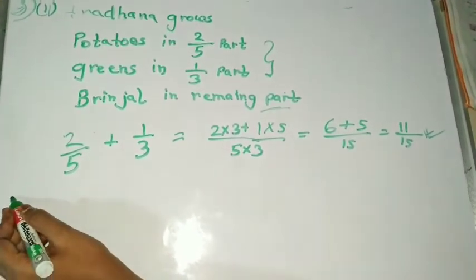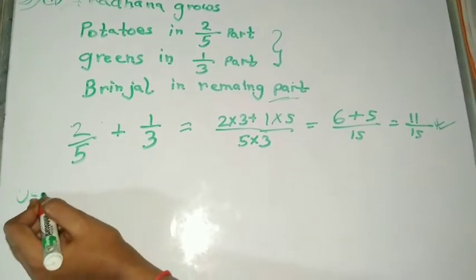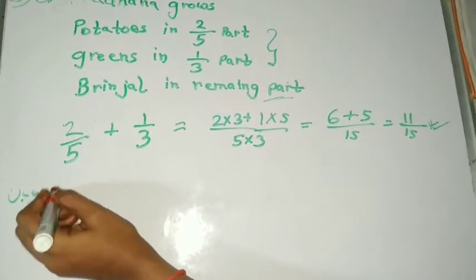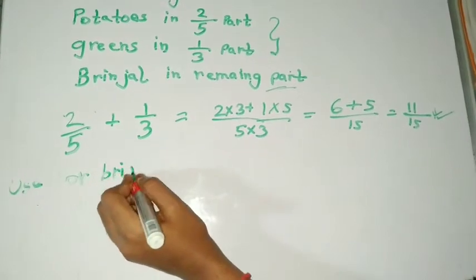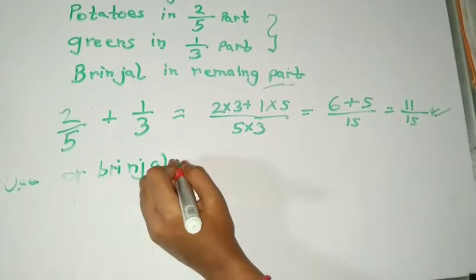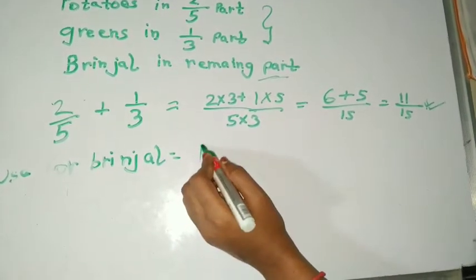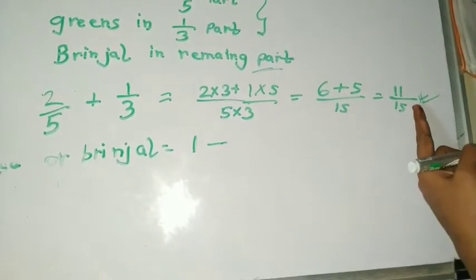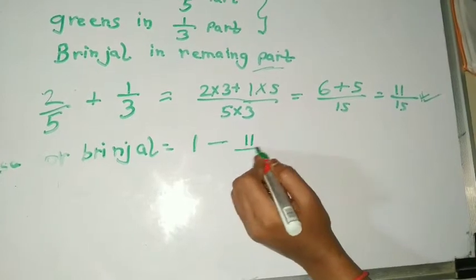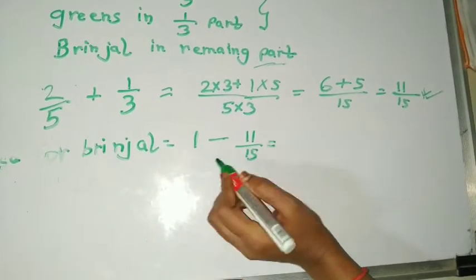Then the part used for brinjal is equal to the total part of the garden, which is 1, minus the used part, 11 by 15. Then the remaining part, how much?